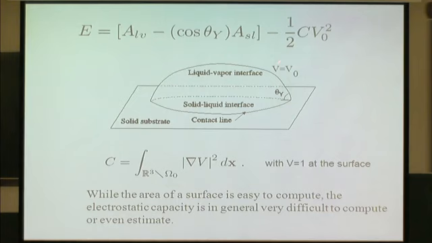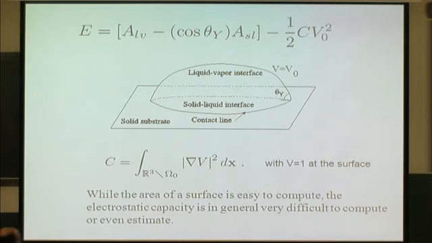It is negative because you are spending energy. The capacity is the electric capacity, but it also coincides with the typical mathematical notion of capacity: the integral of the square of the gradient of the potential outside the drop, with the condition that the potential is a harmonic function and equal to 1 at the surface. It also coincides with the minimizer of this quantity over all functions that make this integral finite.